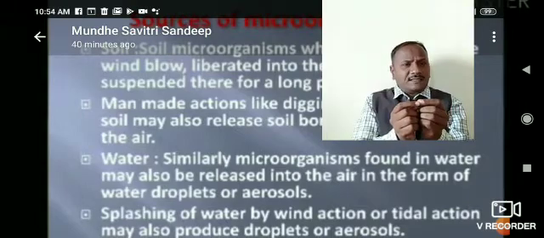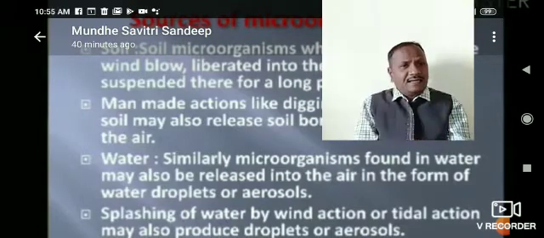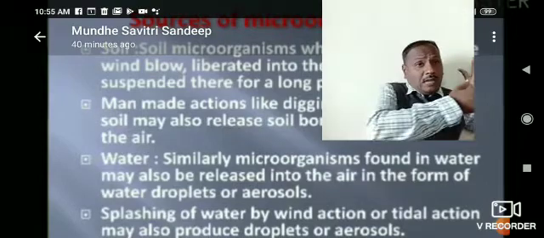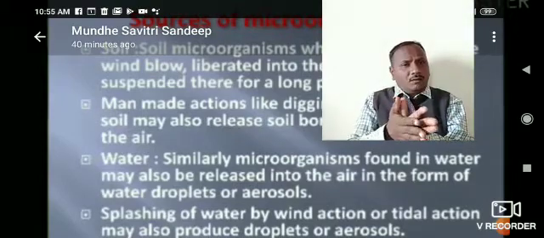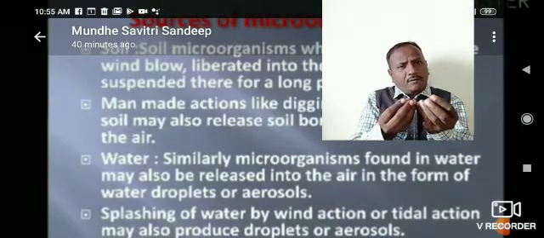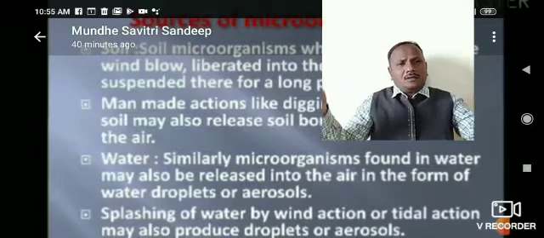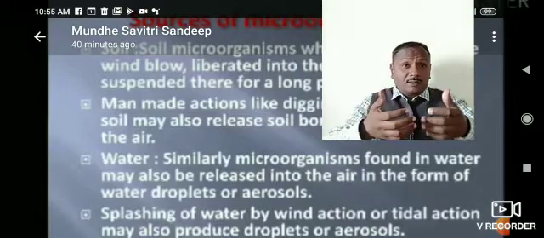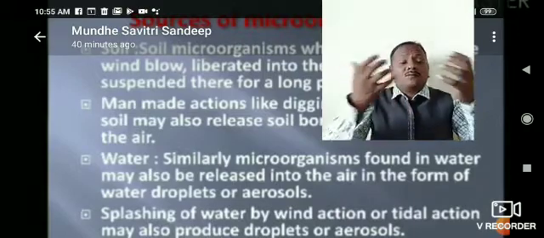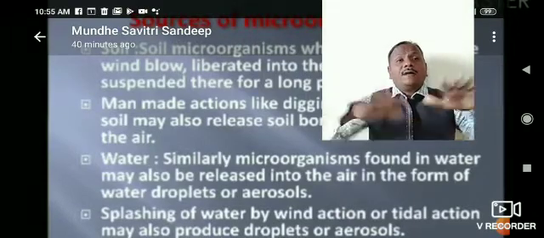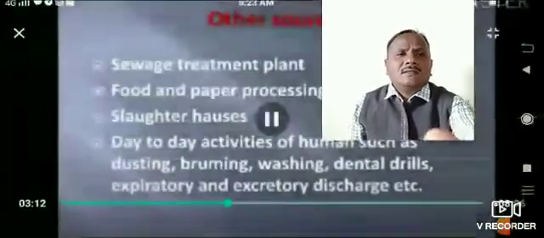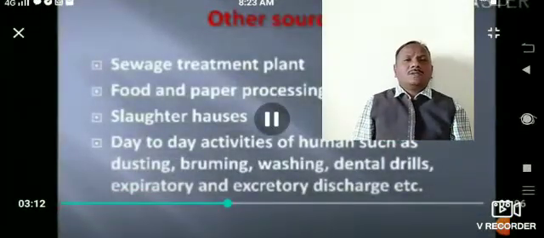The droplets of water contain a number of microorganisms, and due to the action of wind on water, the droplets get mixed into the air. Not only droplets, but water microorganisms also get mixed with the droplets and float in the air for long periods of time. This is an important source.